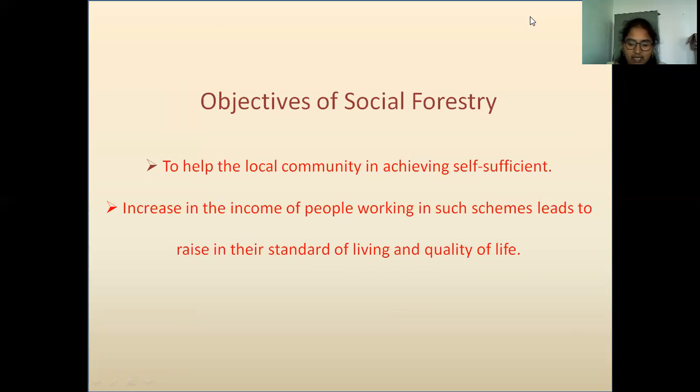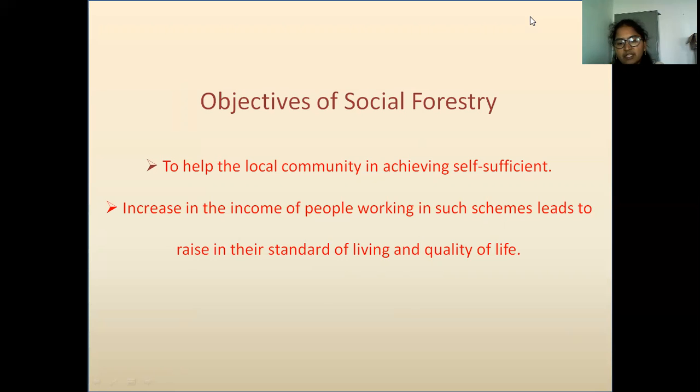What are those? Increase the income of the people working in such schemes, increase the supply of firewood, fodder and timber, and improve the environment and the beauty of the landscape.